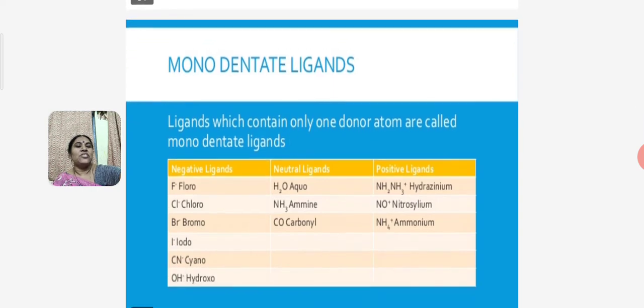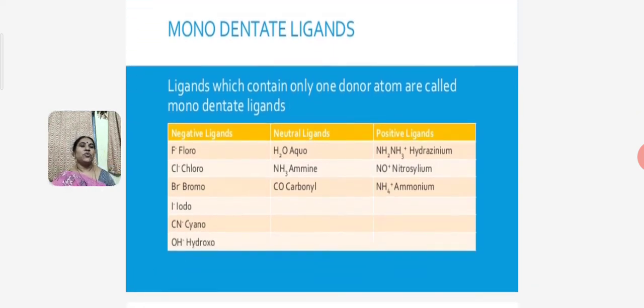Here you have a list of various monodentate ligands: fluoro, chloro, bromo, iodo, cyano, hydroxo. All these are monodentate ligands and carry a negative charge. H2O, ammonia, carbonyl, these groups contain no charge on them.